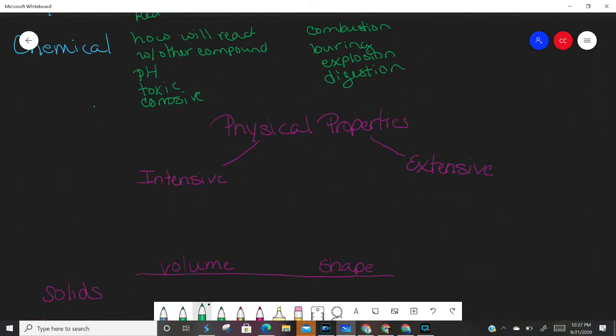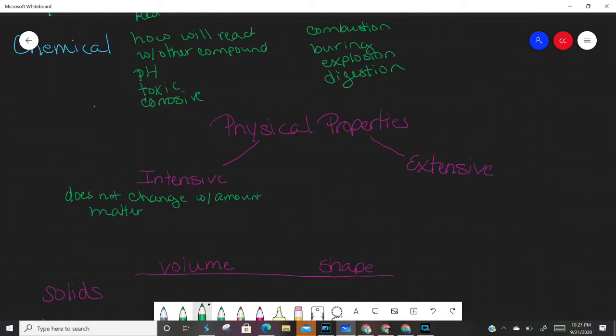Okay, so within physical properties, within our descriptions, and our physical properties are just our descriptions, we have two types, intensive and extensive. Intensive does not change with the amount of matter.